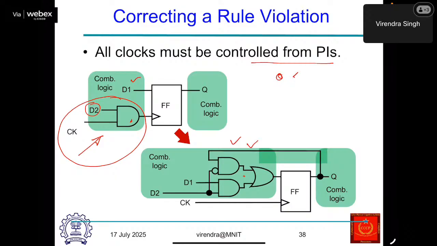So if D2 equal to 0 is needed to excite any particular fault, in that case what will happen?